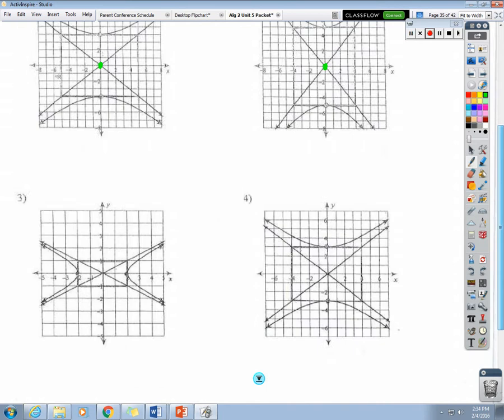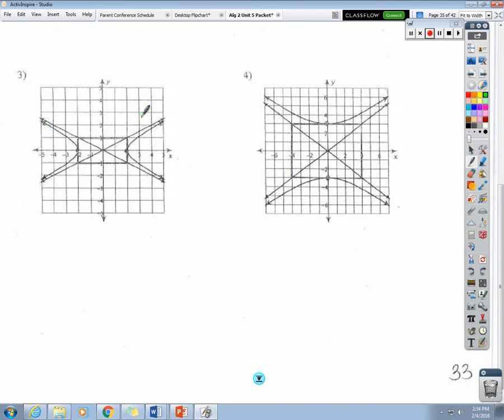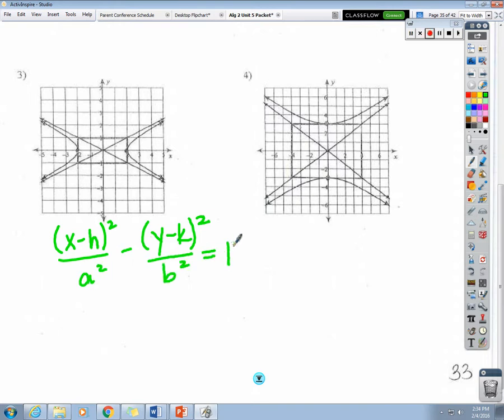So for a horizontal hyperbola, technically it's x minus h squared minus y minus k squared. I'm on page 33 for just a second more. But since the center is at 0, 0, think about it. If you plugged in 0, 0 for h and k, aren't you basically just left with x squared and y squared?